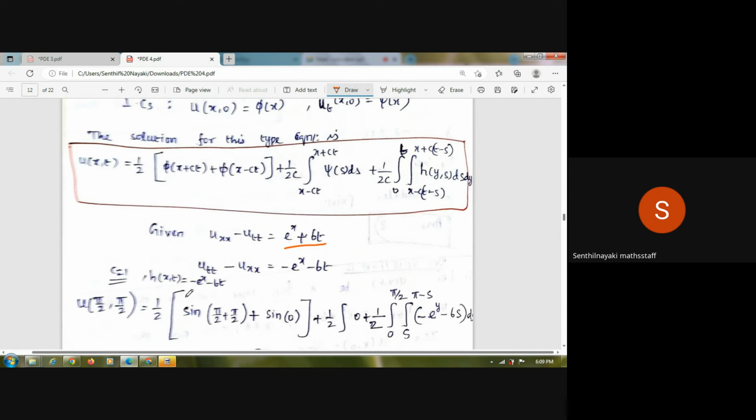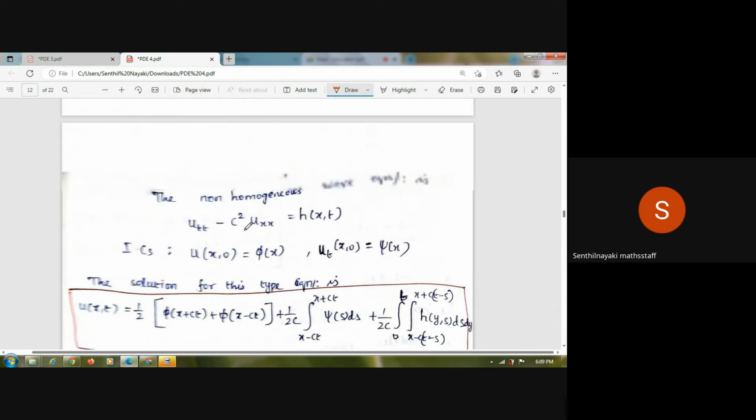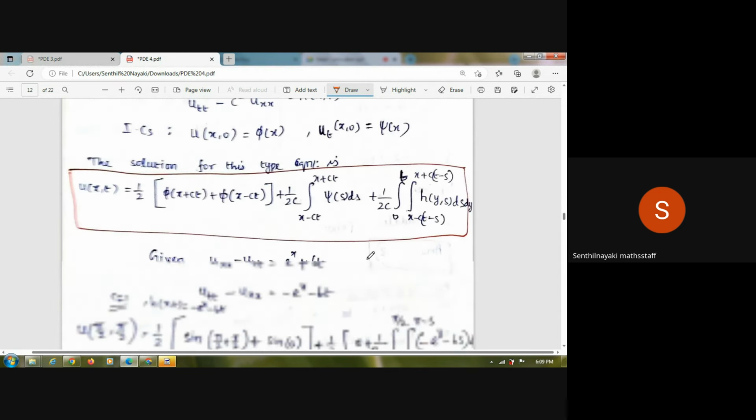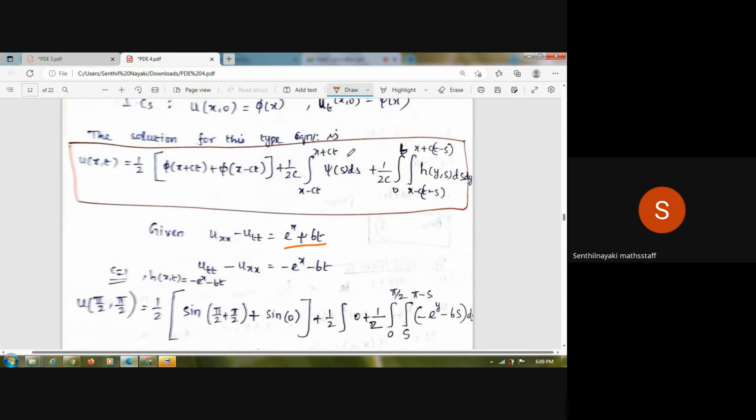Substitute into this formula. Therefore we have 1/2 φ value. In the question they have given sin x, so this is sin x, and this is 0. Therefore this integral becomes 0. No need to find this, because the u_t term is 0. But here φ is sin x.